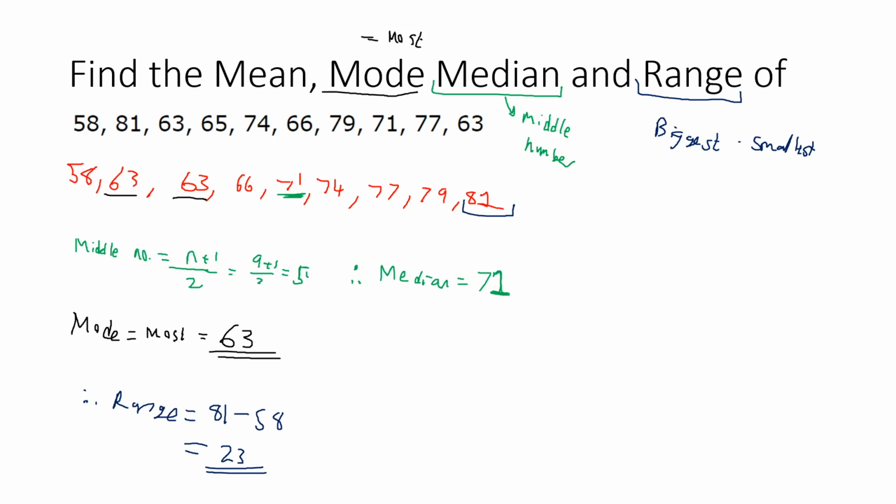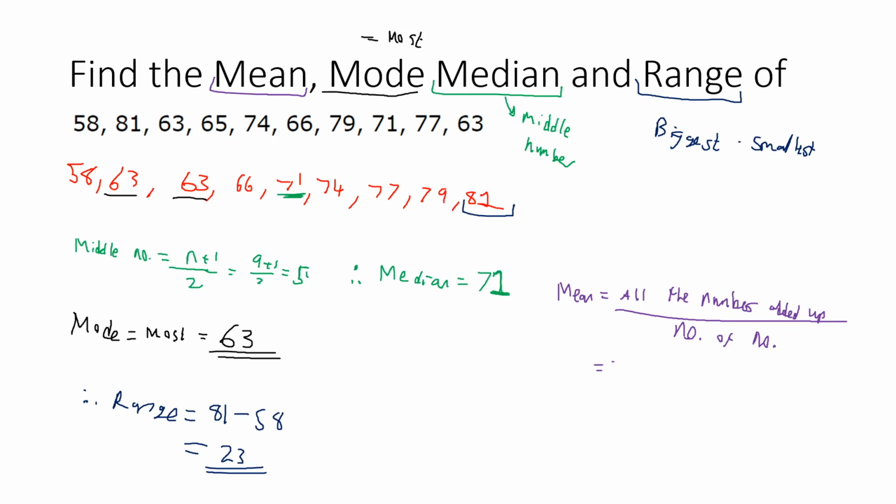The mean is simply all the numbers added up divided by how many numbers there are. Okay?